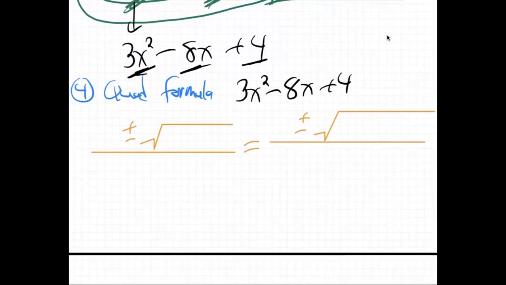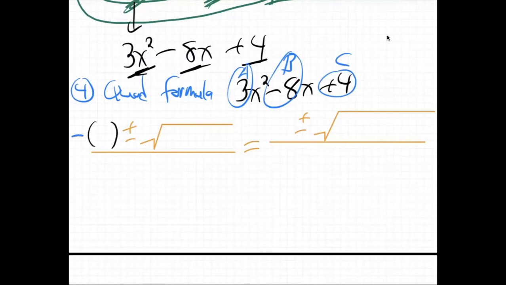This is A, B, C. Negative B. Negative, and then B is negative 8. Oh, wait, I'm supposed to write it out first. Sorry. Let me first write the formula. So the formula is negative B plus minus square root of B squared minus 4AC all over 2A. Almost got that memorized by now, maybe?